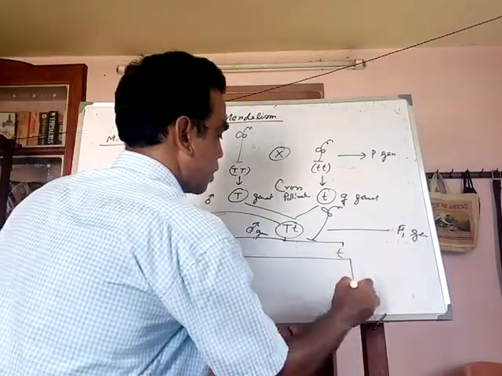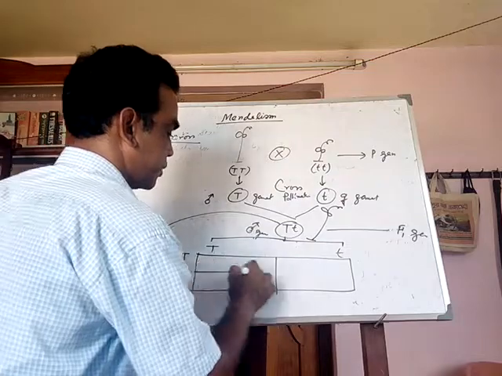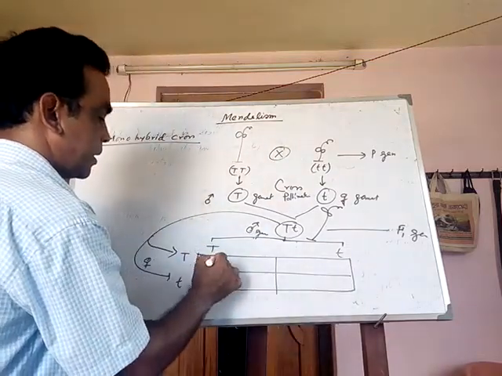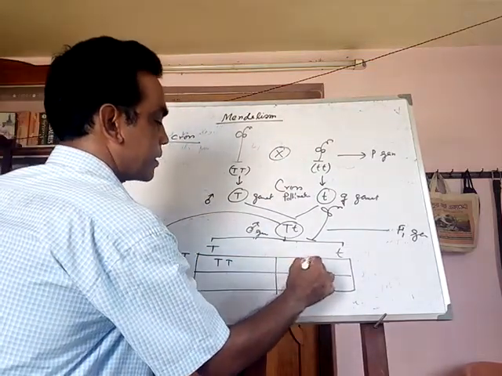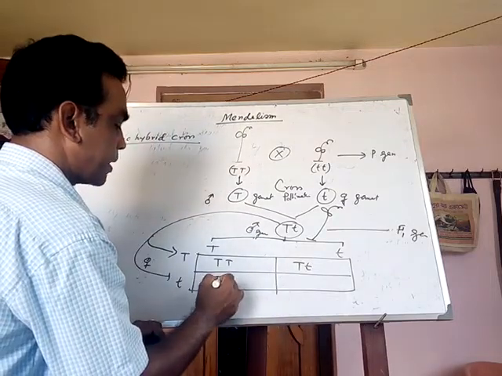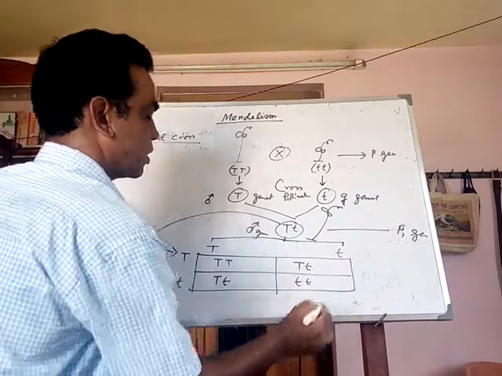After crossing of this, that is capital T capital T, capital T small t, capital T small t, and small t small t.